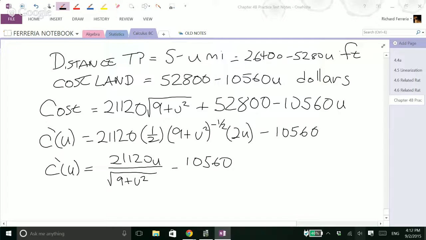What do we do now? Critical numbers. How do I do that? I don't have a numerator yet.